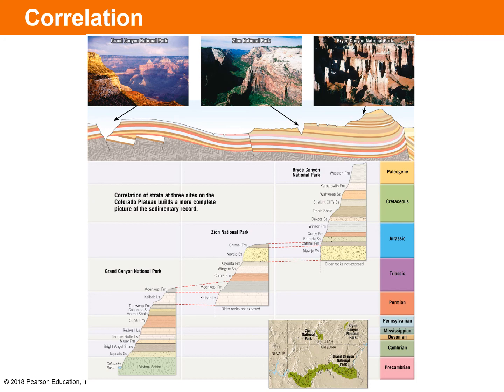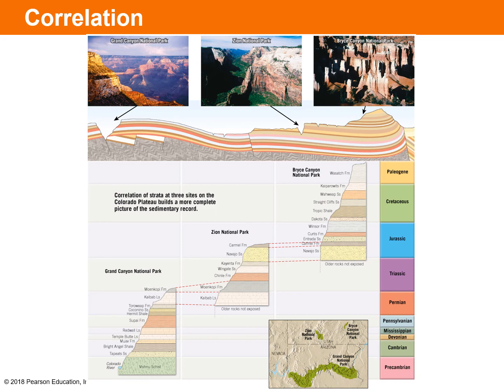And you can see from this diagram that the upper 2 formations that exist in Grand Canyon National Park also exist in Zion National Park and are the lower 2 formations that are exposed. And in addition, the upper 2 formations that exist in Zion National Park are the same formations that are exposed as the lower 2 formations in Bryce Canyon.